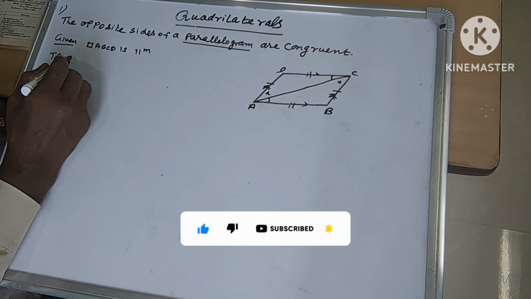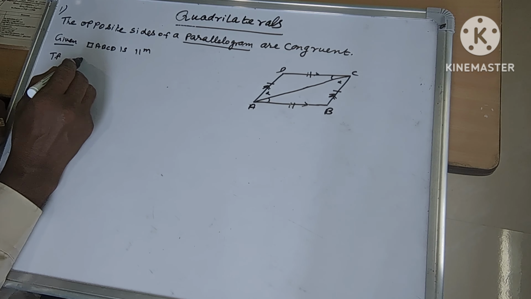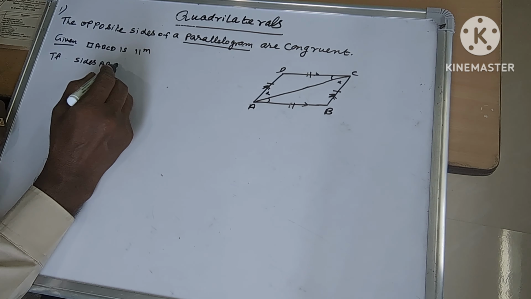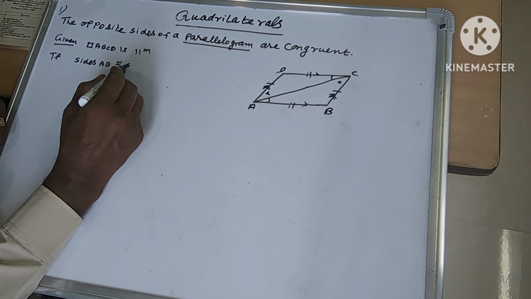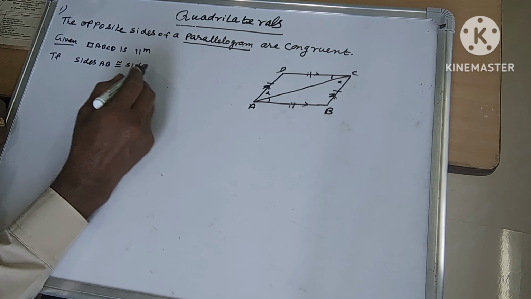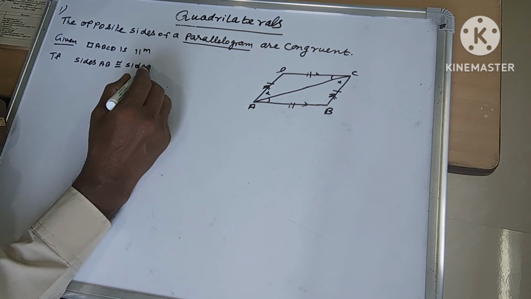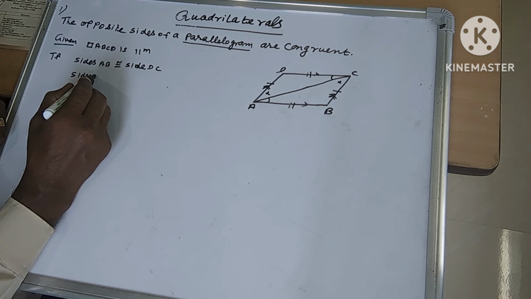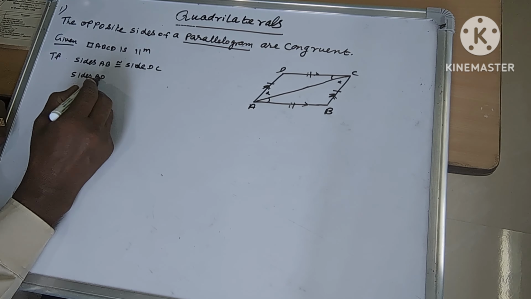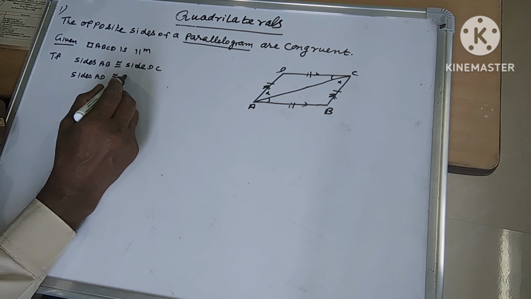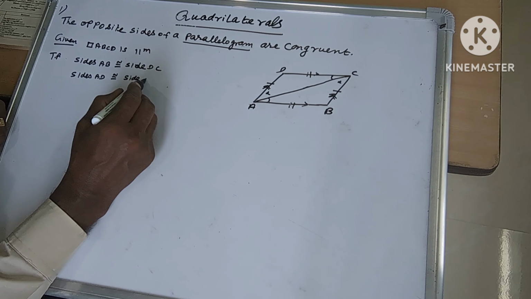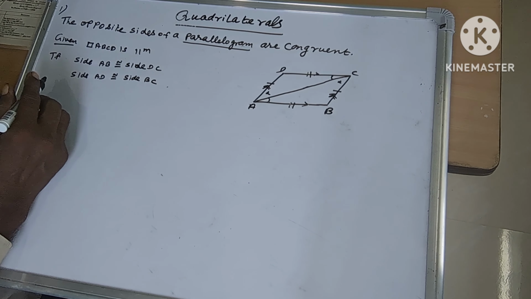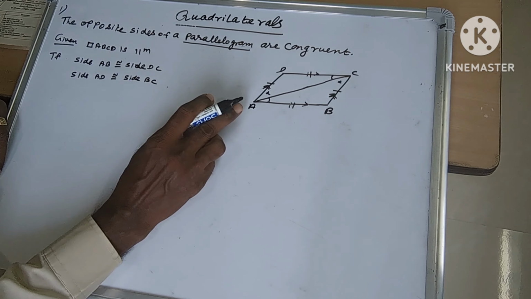To prove: side AB is congruent to side DC, and side AD is congruent to side BC.